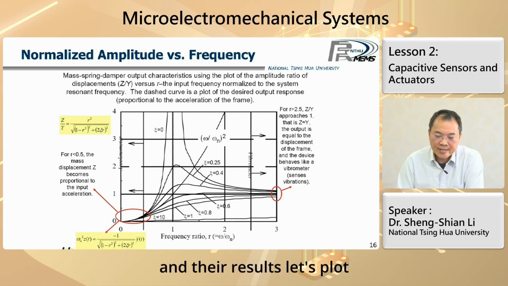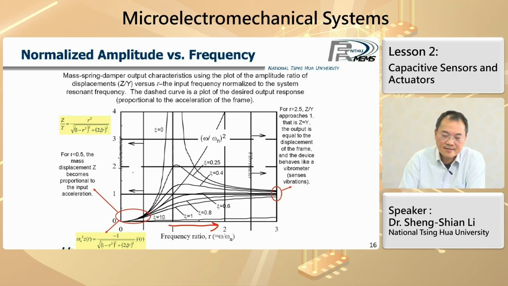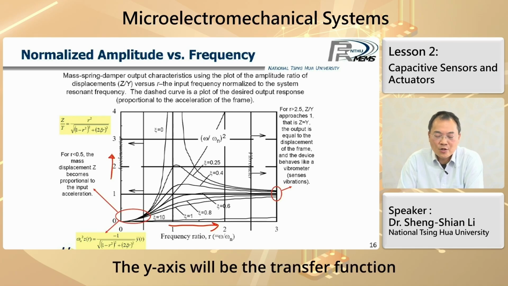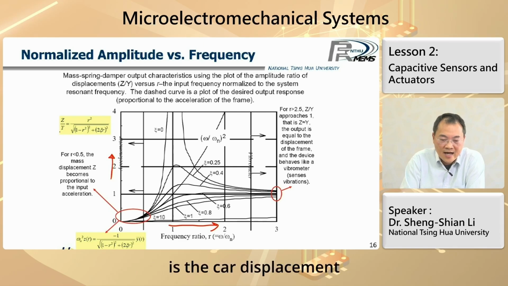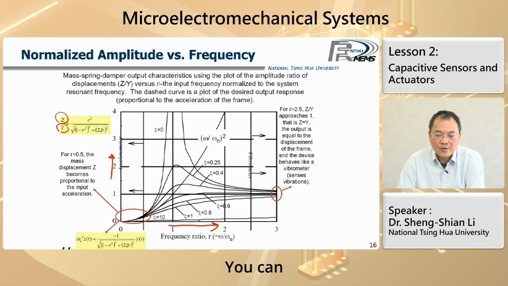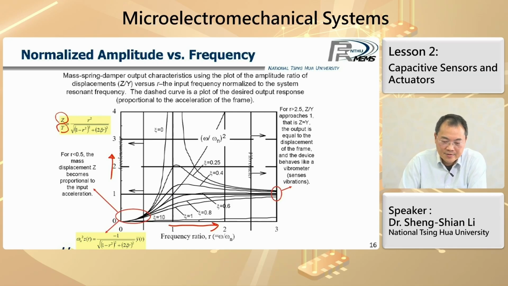Using this equation and the results, let's plot the frequency versus the transfer function. Frequency on the x-axis, the y-axis will be the transfer function. The transfer function we use right here is the car displacement versus the gap change. You can make some derivation and finally find out the car acceleration and the capacitive gap modulation relationship.